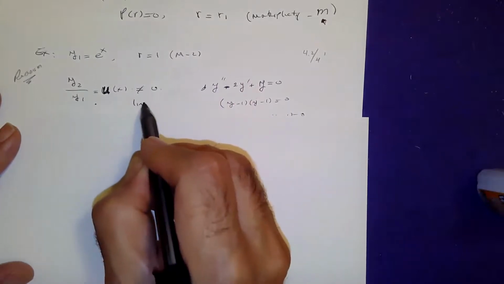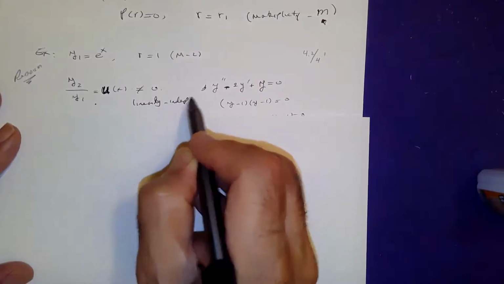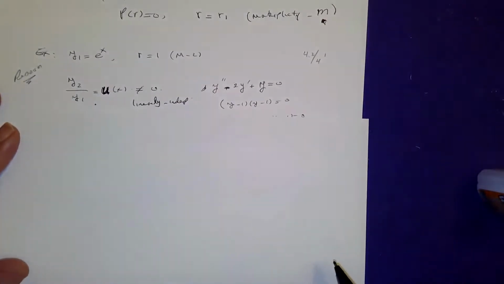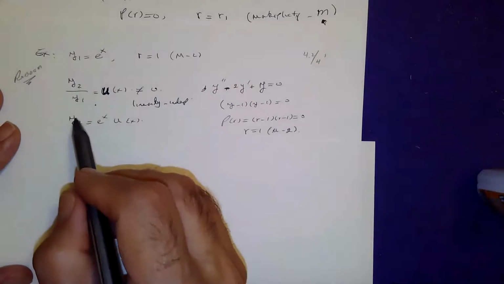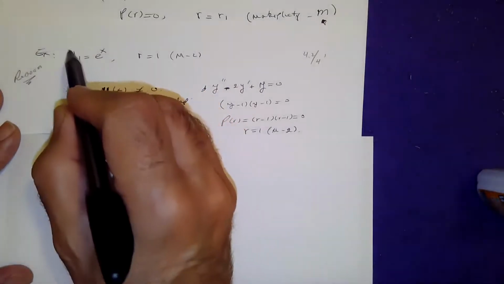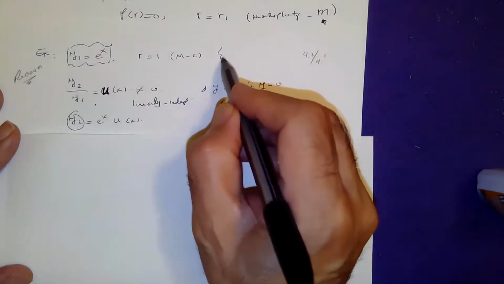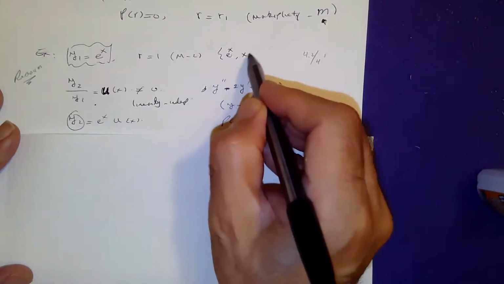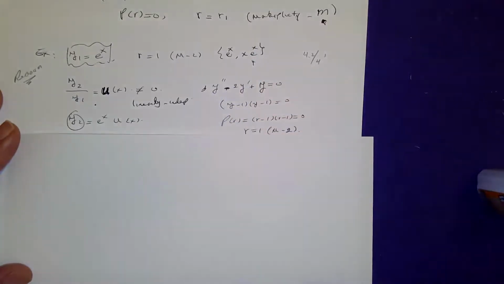Because this is what it takes for the functions to be linearly independent, meaning you cannot combine them. Well, if that's the case, then my unknown function y2, remember my first function is e to the x. I want to know where you get this guy from, x times e to the x? Where does x come from?